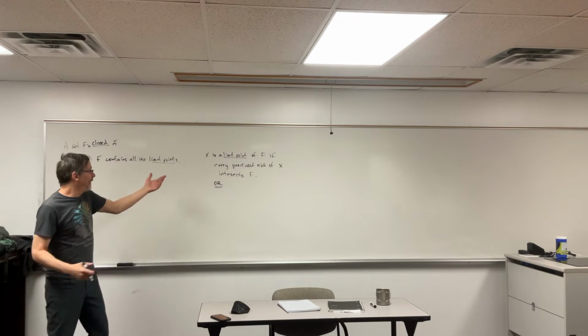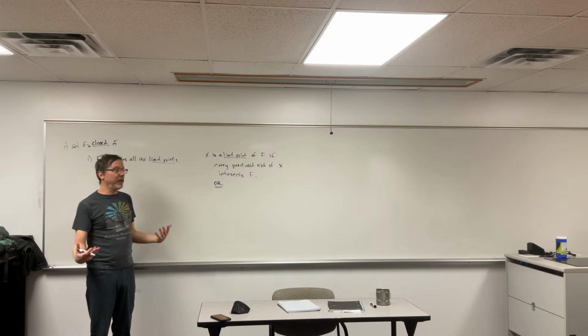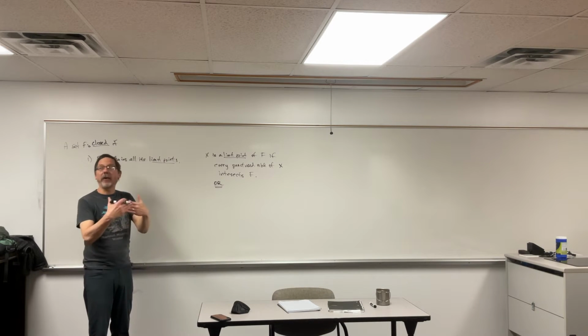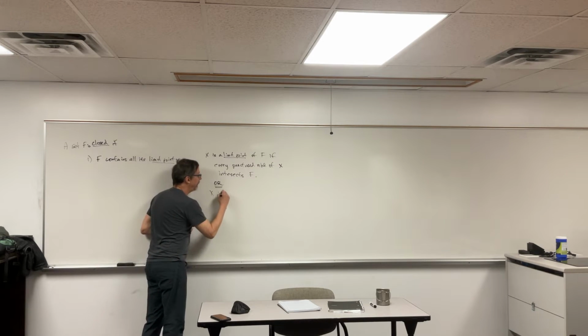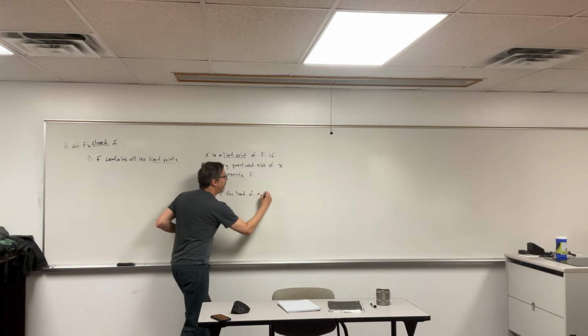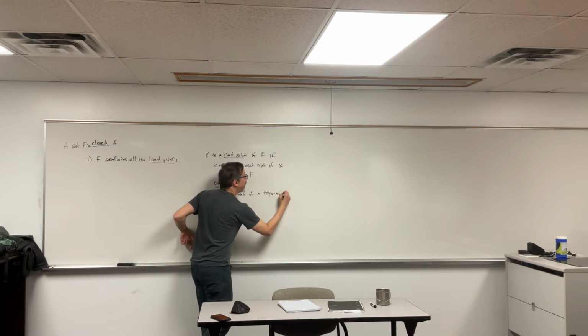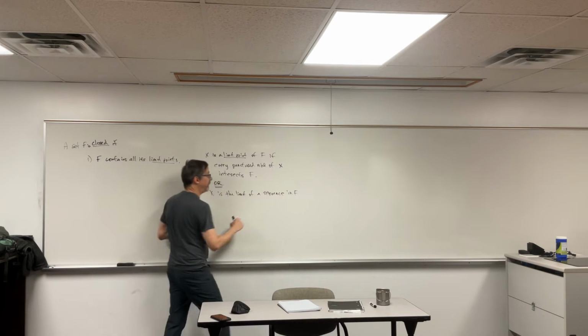Beautiful. It's the limit of a sequence. To have a limit, you have to have a sequence, something approaching something. Or X is the limit of a sequence in F. And that's key: the sequence of points has to be inside F.